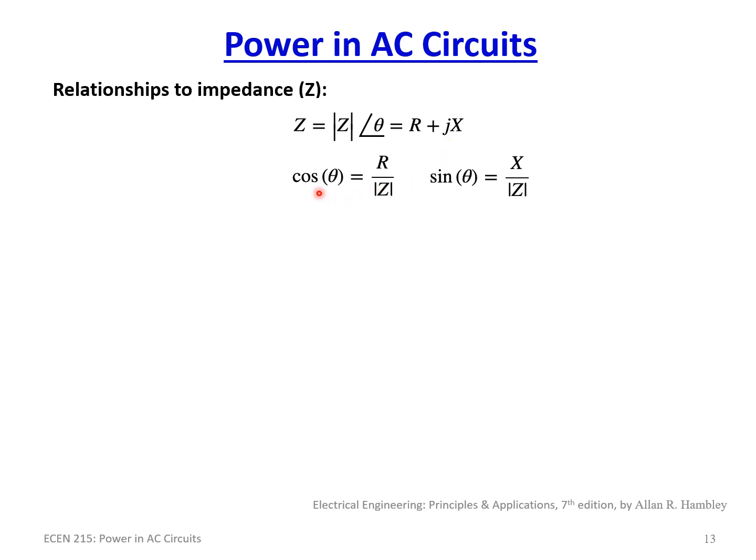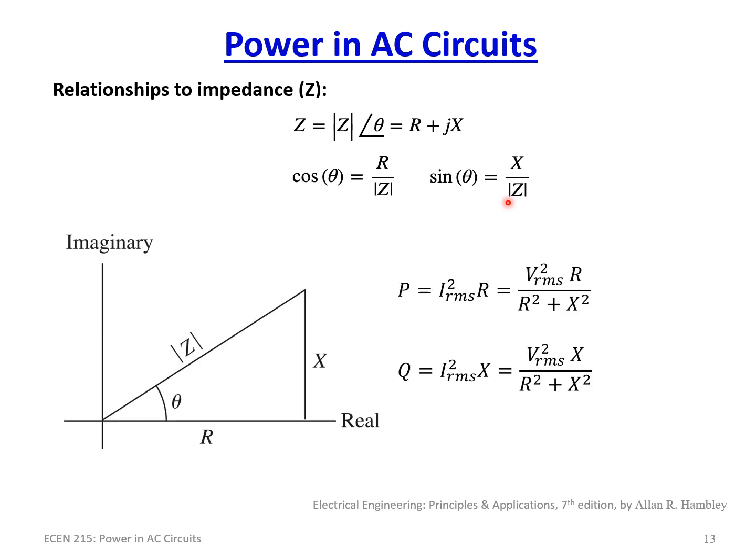So you can determine the cosine of theta is R over the magnitude of your impedance, and the sine of theta is X over the magnitude of the impedance. So nothing really surprising there. Again, this is all out of the basic phasor relationships. And just drawn simply, we have this triangle here with the magnitude, real and imaginary.